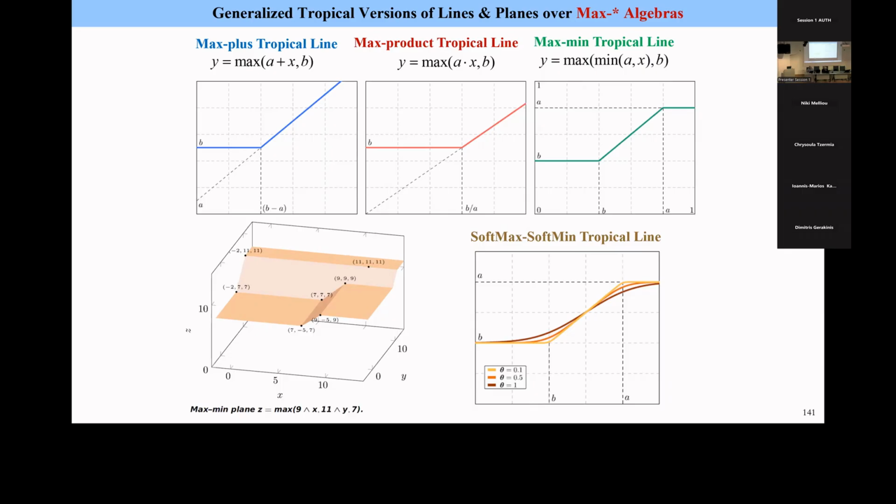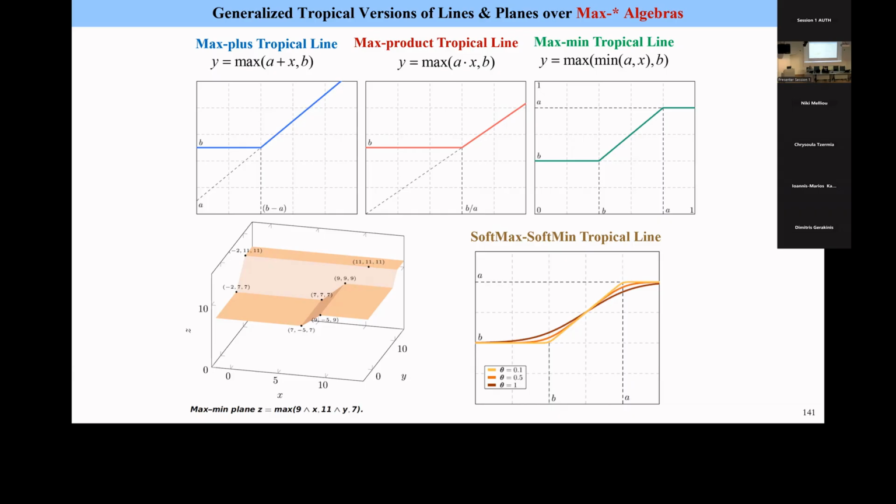So the max plus polynomials are piecewise linear, and what happens if we generalize that to nonlinear algebras, the more general tropical algebras, where instead of max plus, we have max star, where star is another operation that distributes over max. Theoretically, it is possible. We can do it. Here you see some examples.